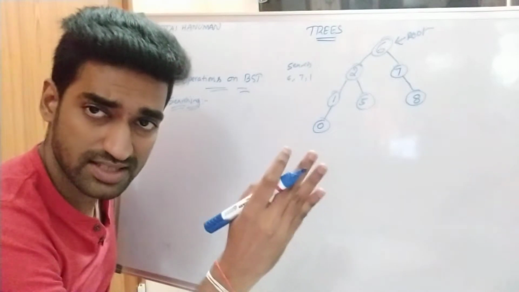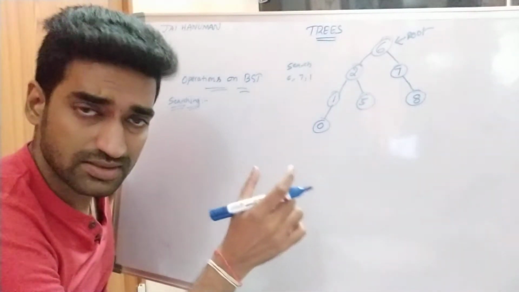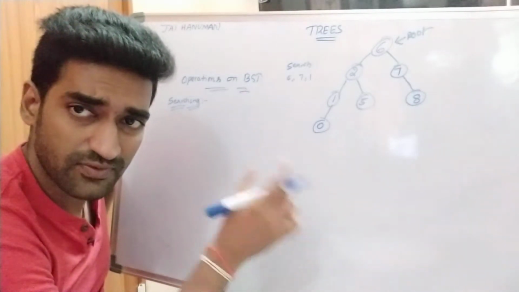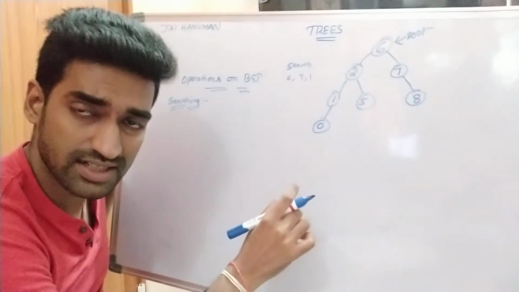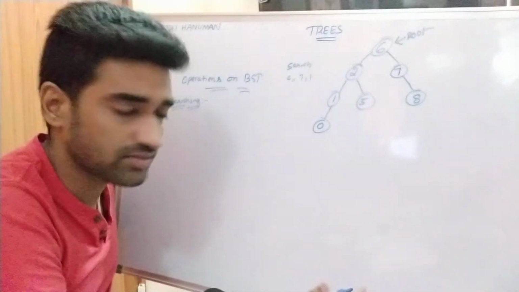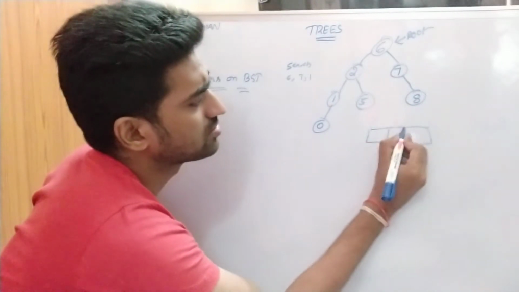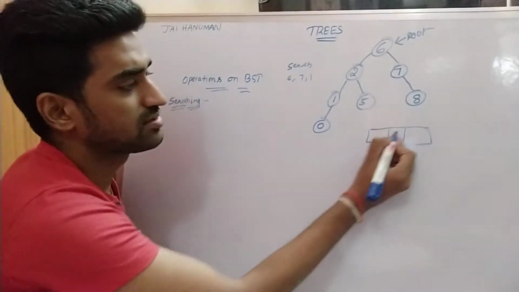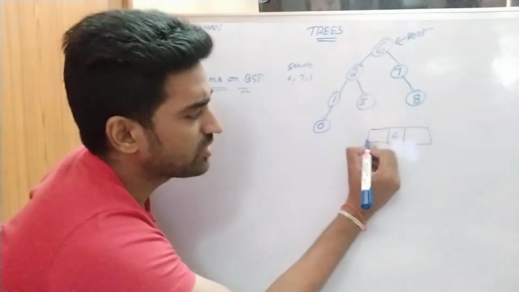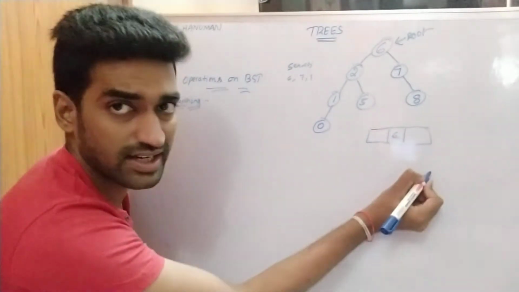One part is the data part, the left part contains the address of the left child or left subtree, and the right part contains the address of the right child. So this is the data part, this field represents the address of the left child, and this field represents the address of the right child, right?